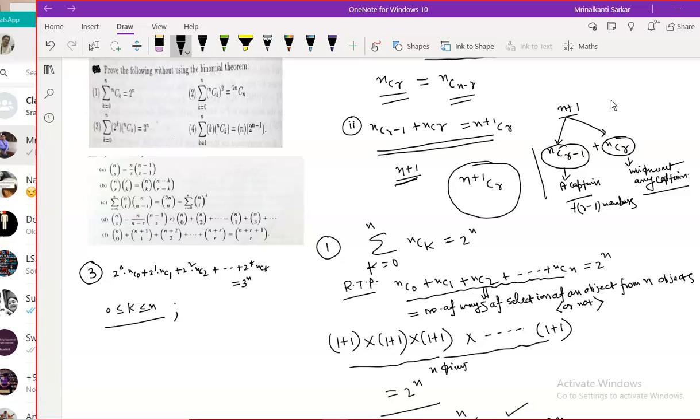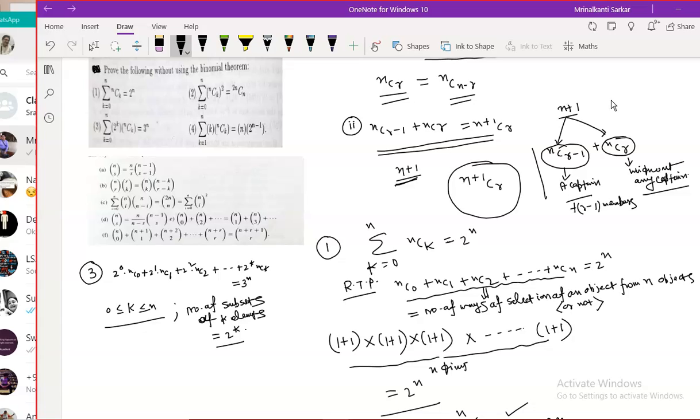Subcommittee means you are selecting a subset of the k elements. The number of subsets of k elements is going to be 2 to the power k. So what you are doing here is selecting k people and then forming a subcommittee.